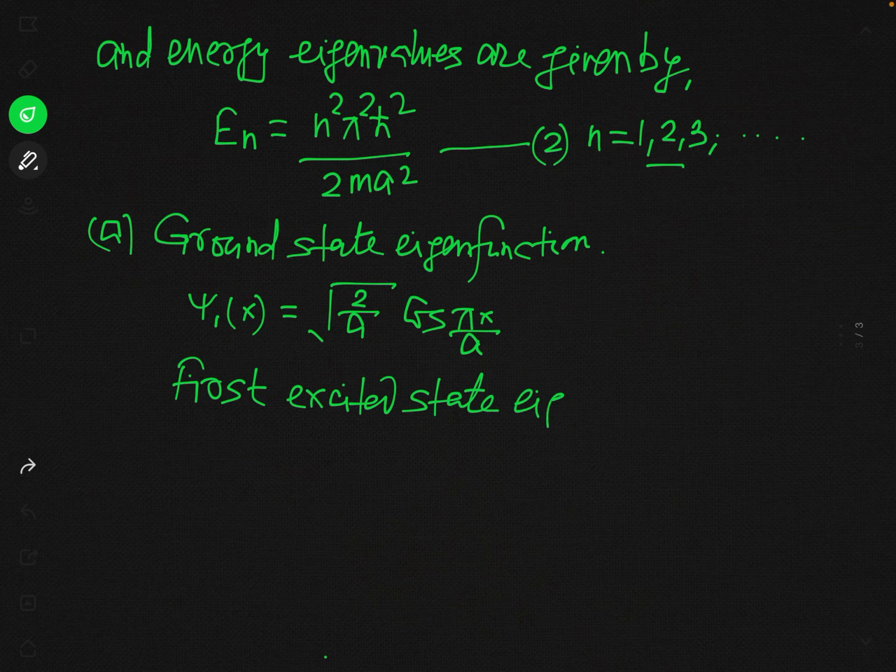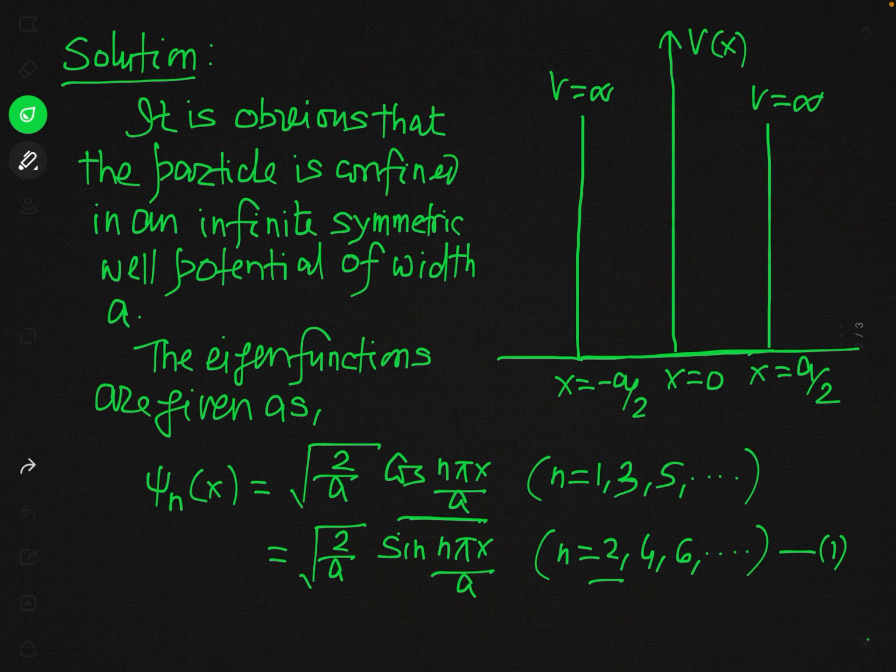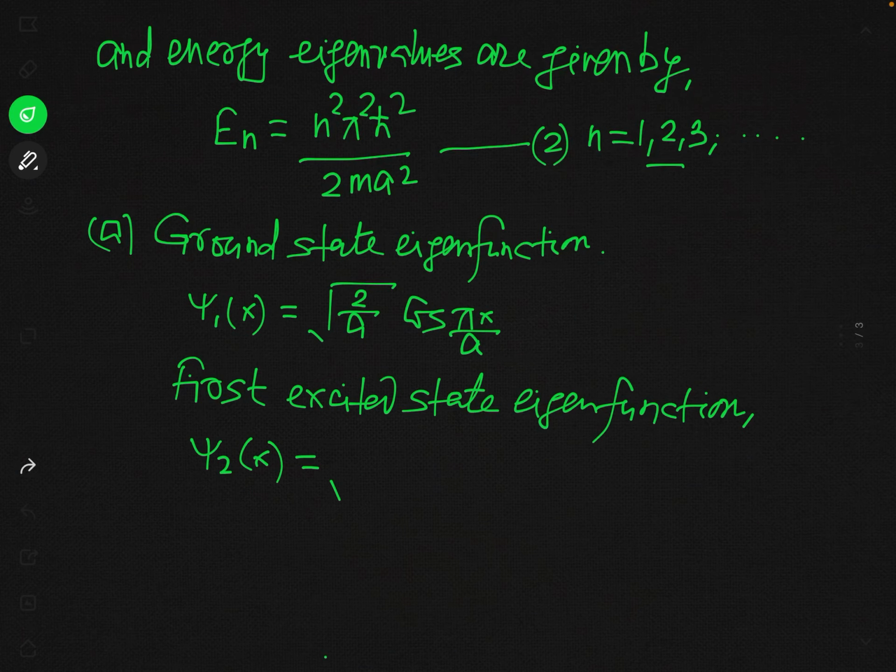This is given as psi_2(x), and you can see when n is 2, the eigenfunction is in terms of the sine function. So this will be the square root of 2 over a sin(2 pi x/a).